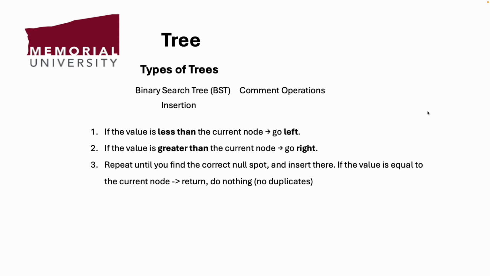If the value is greater than the current node, then we go right. We repeat until we find the correct null spot and insert there. If the value is equal to the current node, we do nothing, because there are no duplicate nodes in the binary search tree.